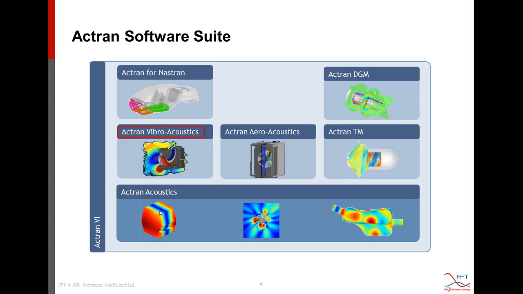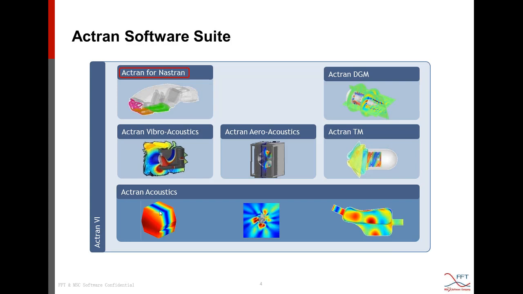The fluid can be internal fluid in the structure or external fluid outside the structure. And the structure can be coupled on both sides towards both fluids. And we can also introduce acoustic absorbing material like foams or glass wools in the vibro-acoustic module.